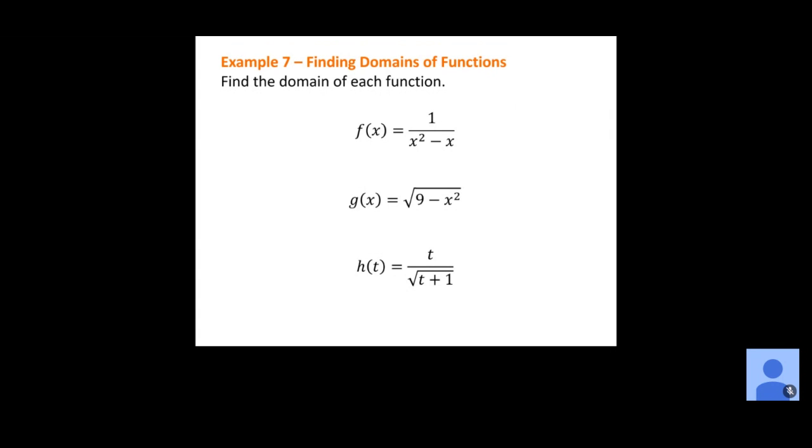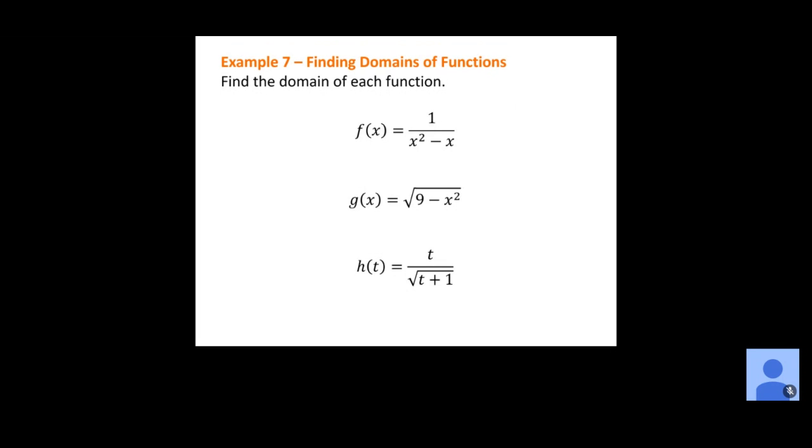All right, so if we take a look at f of x, what's something that we have here that's going to give us a restriction on our domain? Okay, the denominator cannot be 0.